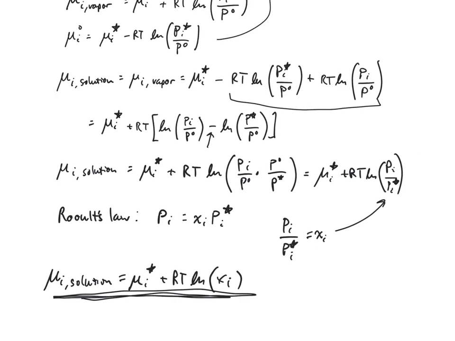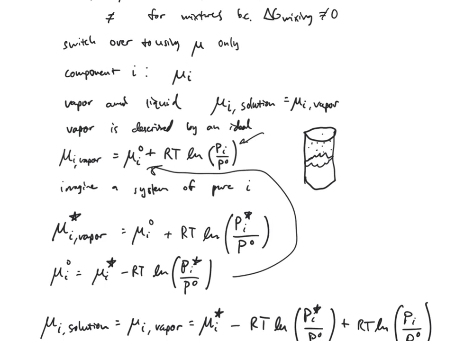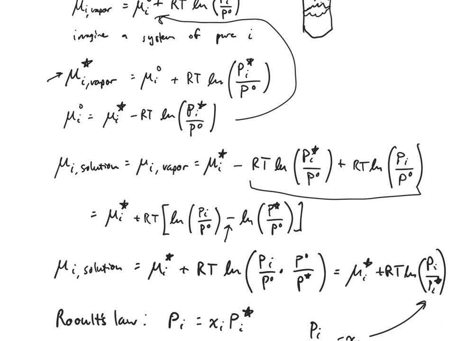The key takeaways that I want you to remember is that when two substances are coexisting, their chemical potentials are equal. That's a really important thing to keep in mind. The other things I want you to take away from all of this is that we're relating everything to the pure state, because that's a nice launching point for understanding mixtures.